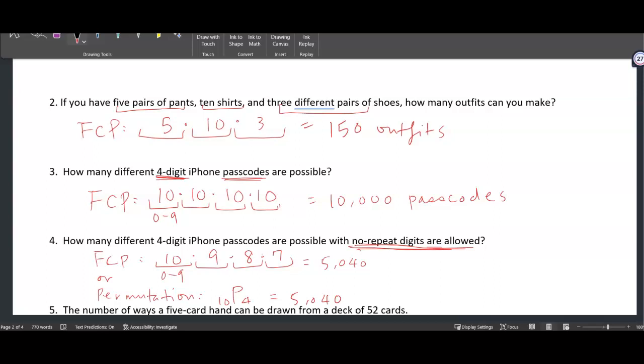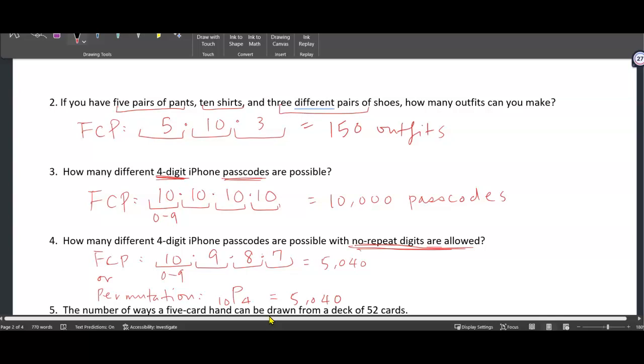You will get 5,040. And also you can see it as a permutation because it's from the same set of data, the first criterion of permutation. And also the choices cannot be reused or repeated. So that fits the permutation. When it's a passcode, order matters, so 10 permutation 4 will also give you the 5,040.